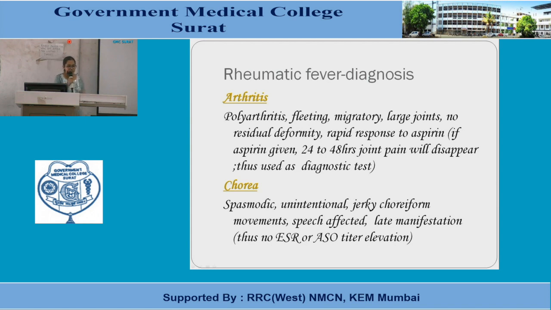If you give aspirin, the pain will disappear within 24 to 48 hours, so it can be used as a diagnostic test for rheumatic fever. Now what is chorea? It is rapid, purposeless movement of the trunk and extremities.